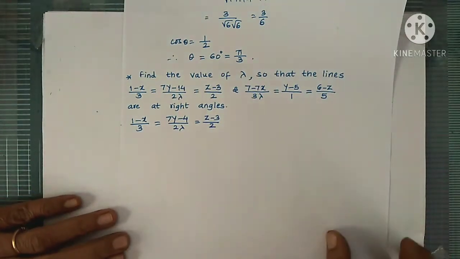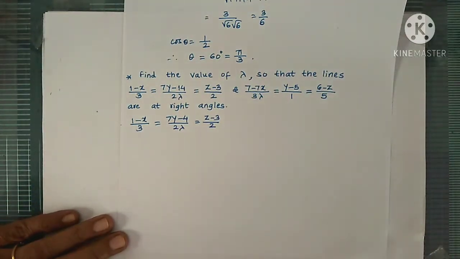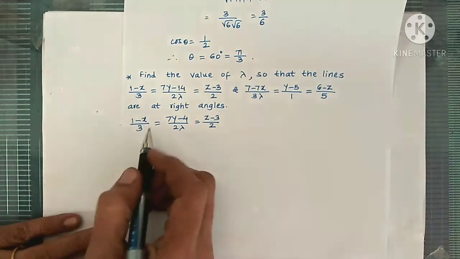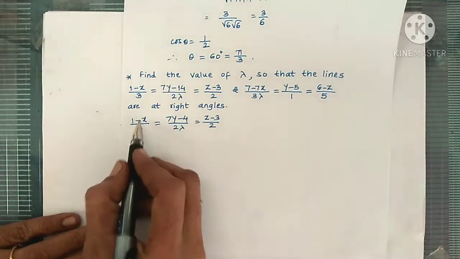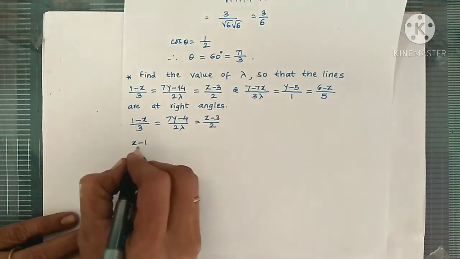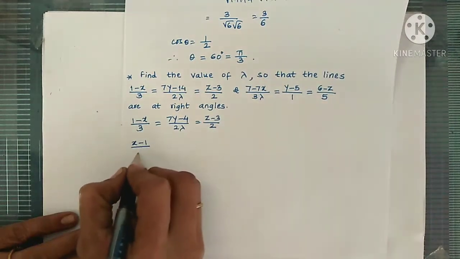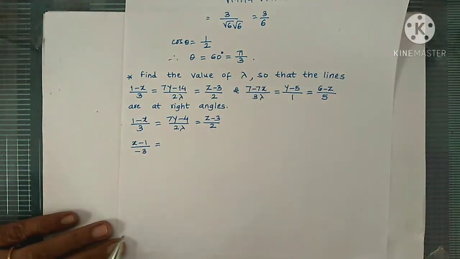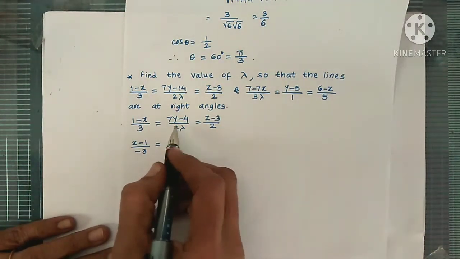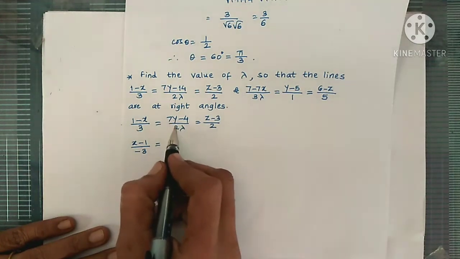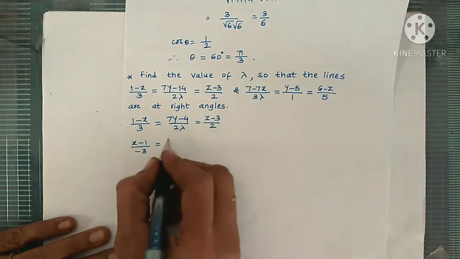To find the direction ratios, the equation should be in the form (x minus x1)/a. Here coefficient of x is minus 1, so let's multiply numerator and denominator by minus 1, so this becomes (x minus 1)/(minus 3). Now to write this as (y minus y1), let's divide numerator and denominator by the coefficient 7.